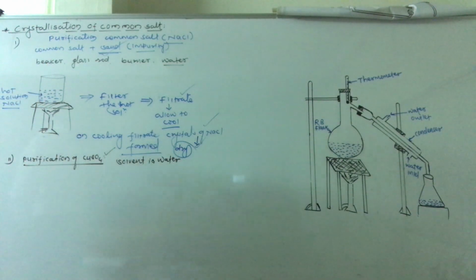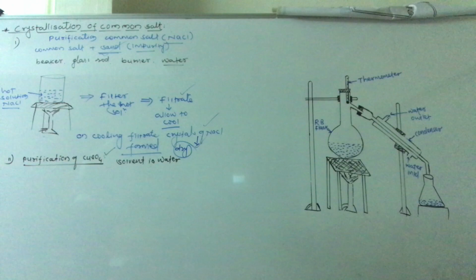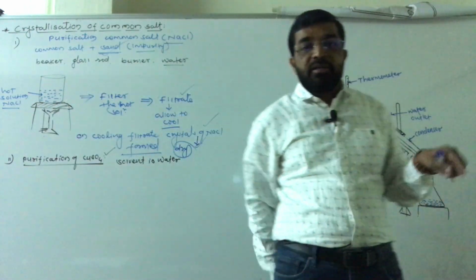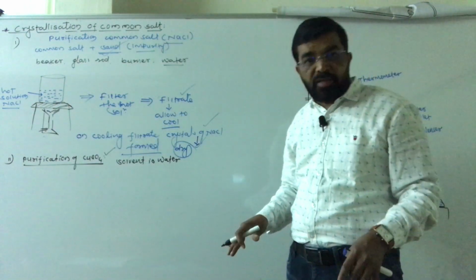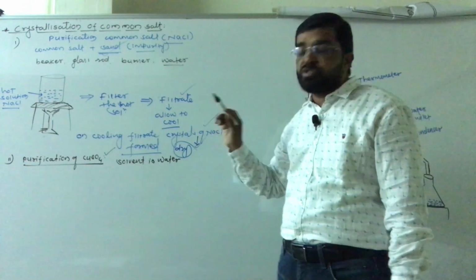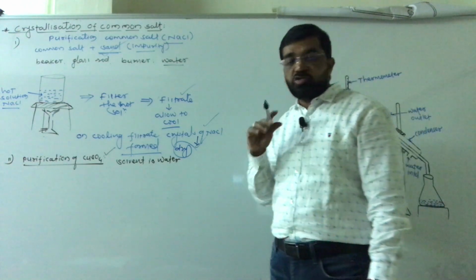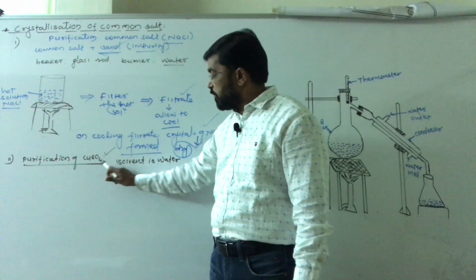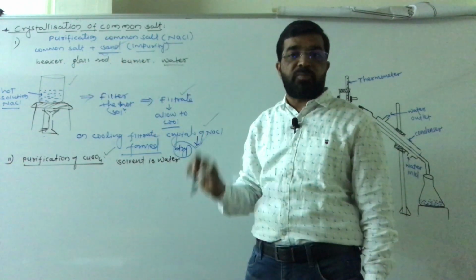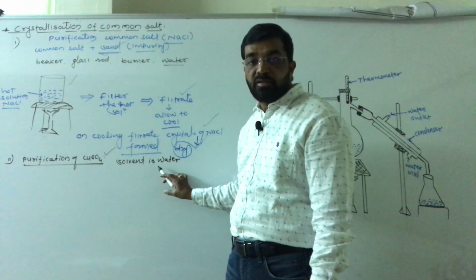Water is used as solvent, and when used for the preparation of copper sulfate solution, the impurities are insoluble in water and copper sulfate is soluble, dissolved in it. Right? So first of all, the hot saturated solution of copper sulfate is prepared in water.